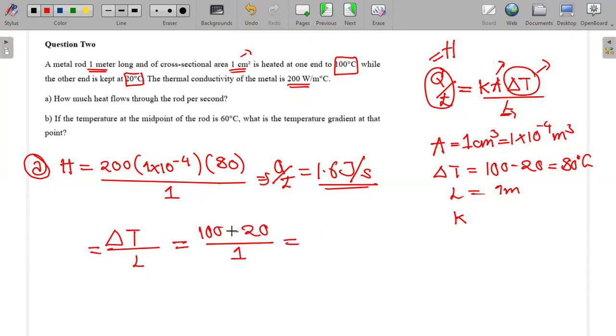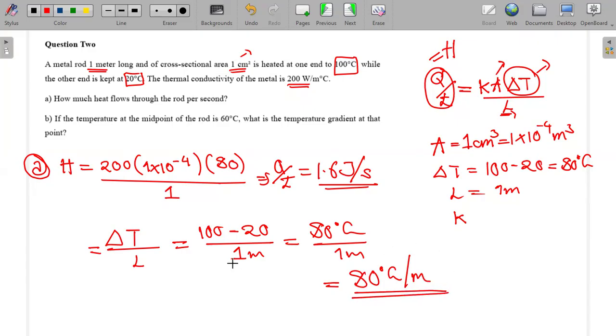This is going to give us 80 degrees Celsius divided by 1 meter, which means the temperature gradient is equal to 80 degrees Celsius per meter. This is the temperature gradient in this particular case.